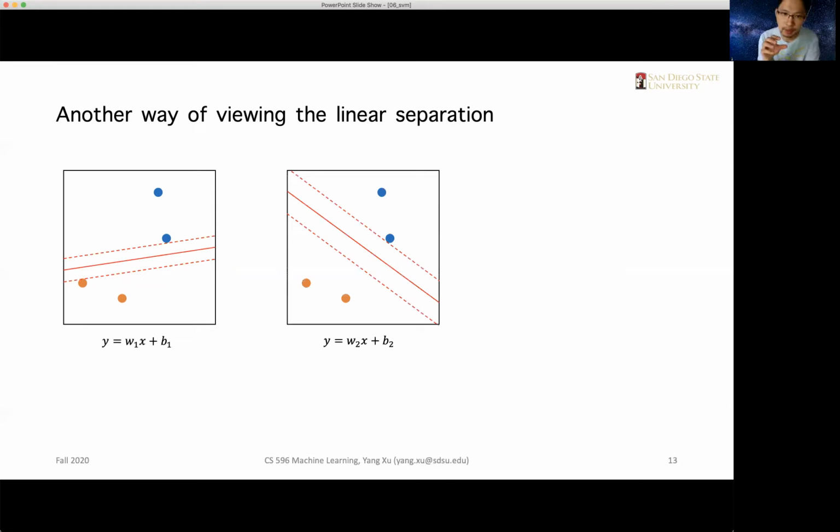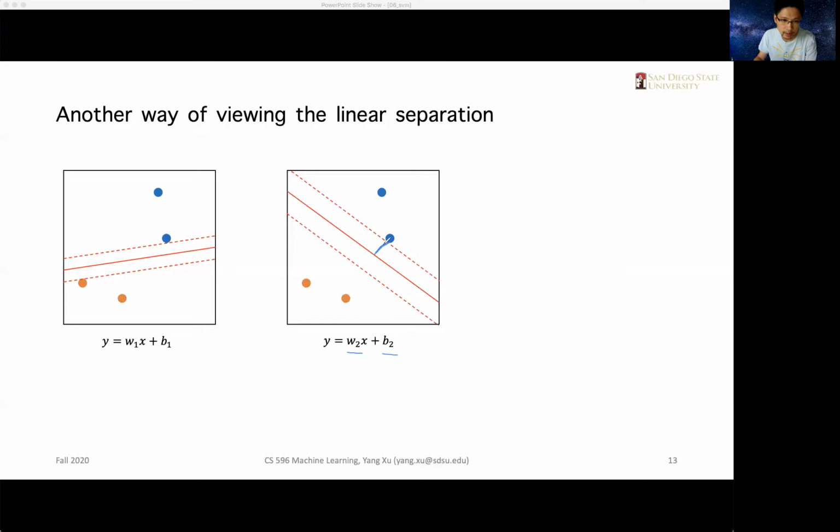On the same data, if we draw a different decision boundary defined by w2 and b2, and this time find the closest data points, the distance between the boundary and the point is here.